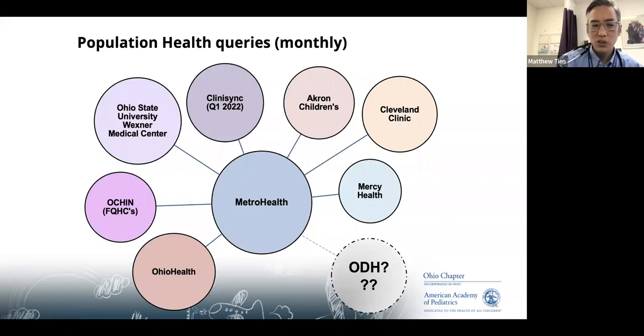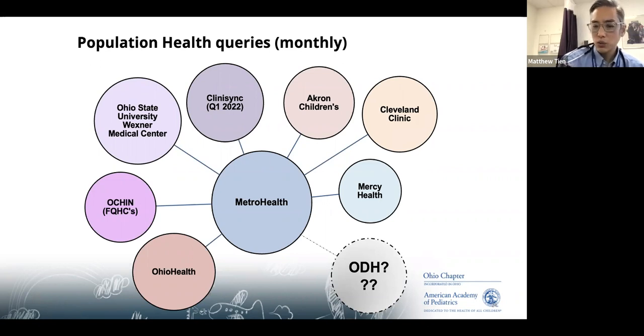What we have set up here are some population health queries. Every month, Metro Health does some health information exchange with Akron Children's, Cleveland Clinic, OCHIN, which is the body that does electronic health information exchange for our FQHCs in the area, and Ohio State.